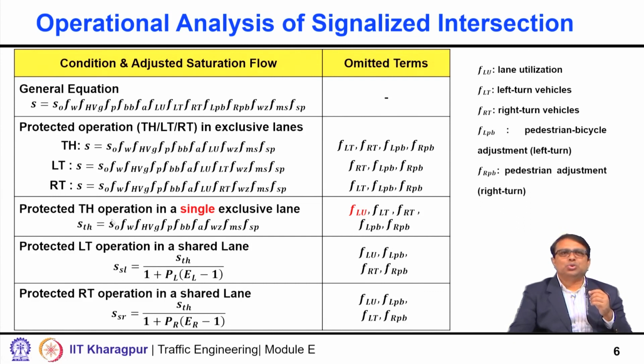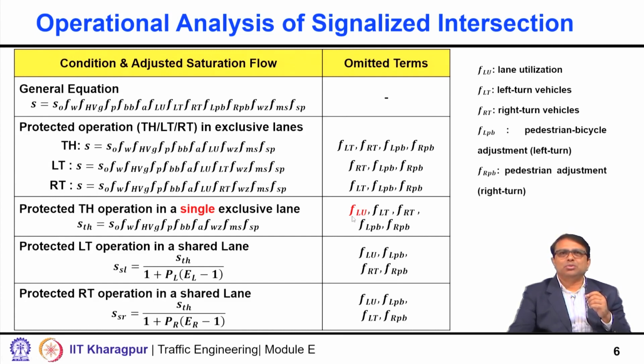Now, protected through operation in a single exclusive lane. Here I have written how the saturation flow for the through movement can be calculated.